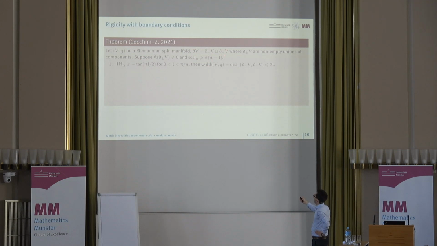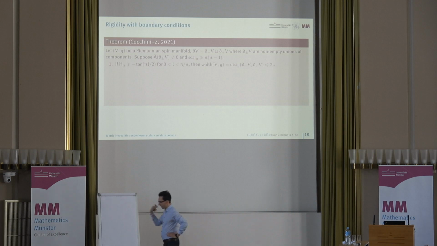You have a topological condition, namely that the A-hat genus of those boundaries is non-zero. And then you have a condition on the mean curvature at the boundary, which should be bounded below by some particular number, which is this tangent function here.